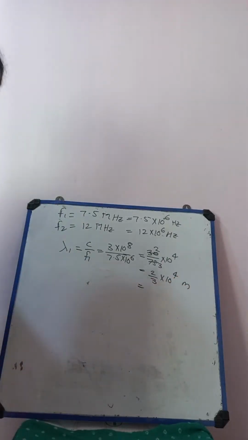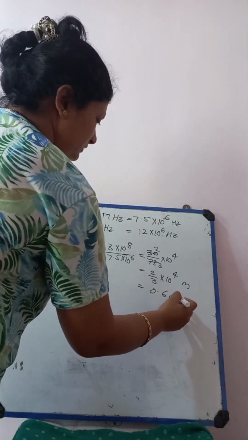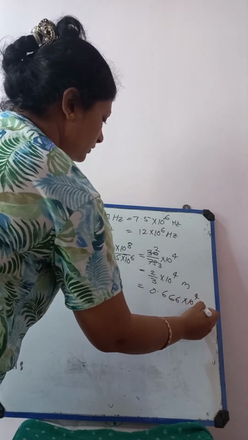So what is 2 by 3? Check, do the calculation. 2 by 3 is 0.666, so 0.666 into 10 raised to 4 meter.